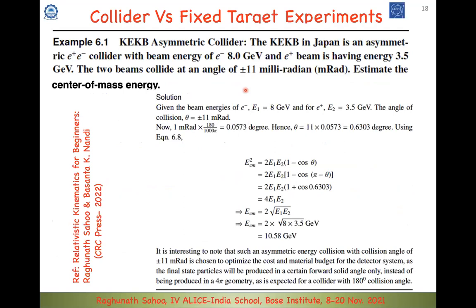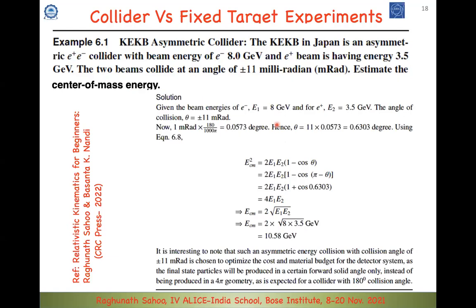And now taking the exact values, the one I specified in one of my last slides, in the KEKB asymmetric collider in Japan. In order to produce copious B mesons, what they do is they take e- with an energy of 8 GeV, e+ has 3.5 GeV, okay, and in the collision they make an angle of 11 milliradian.